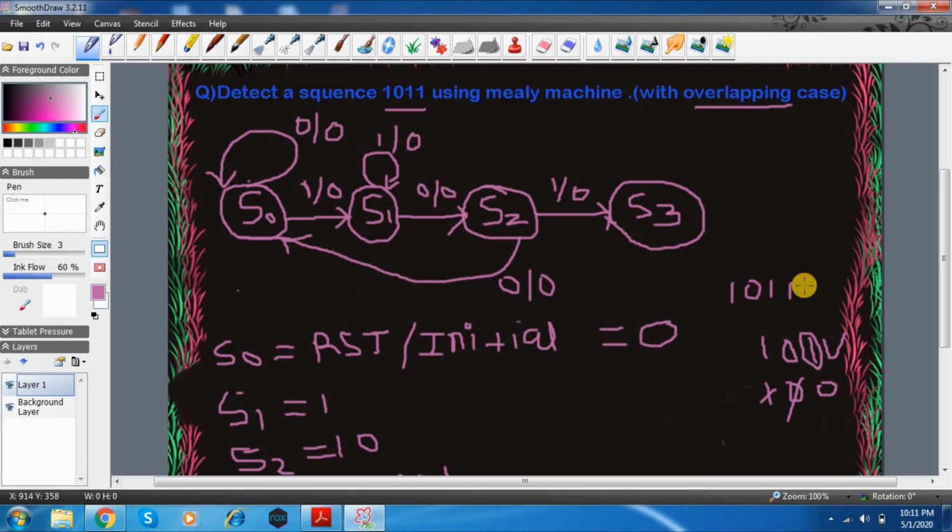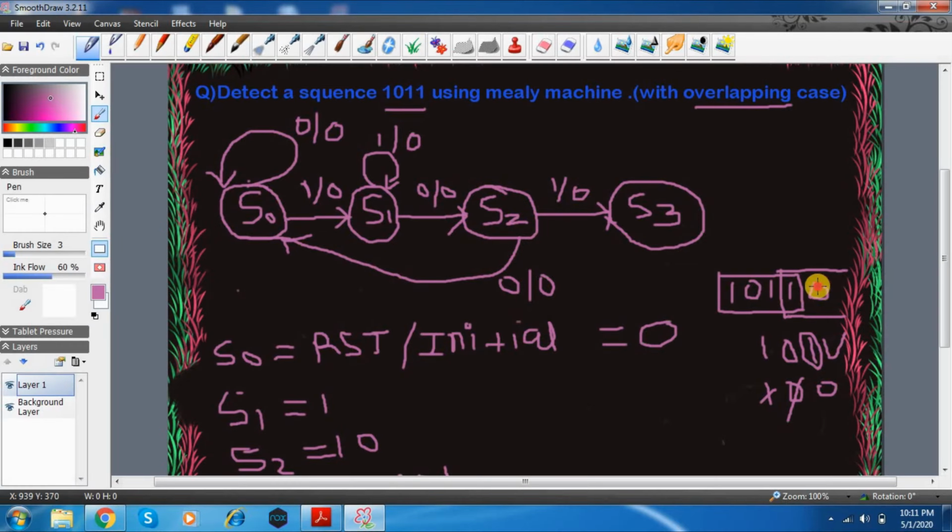How will we overlap? Suppose this whole sequence is detected. We can overlap one bit. How? Here 1 is already there, so we can put 0 here, then again 1, and the sequence is completed again.